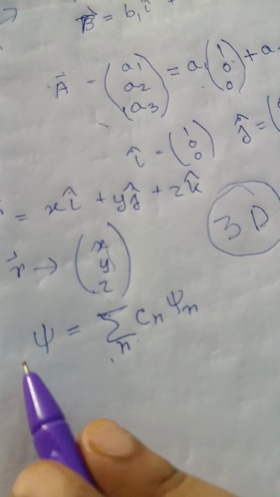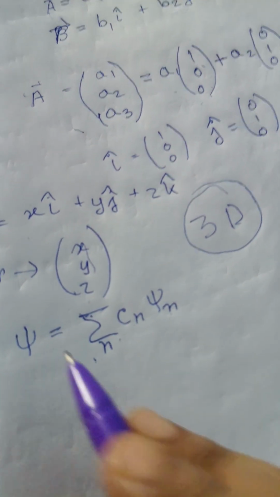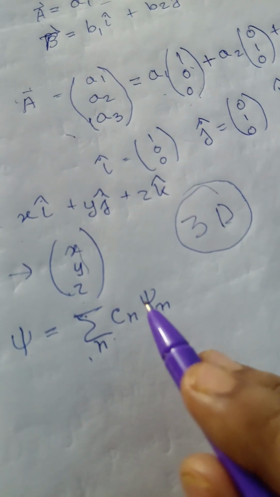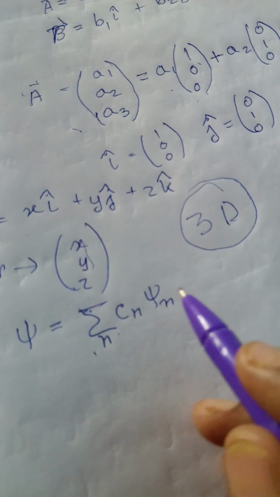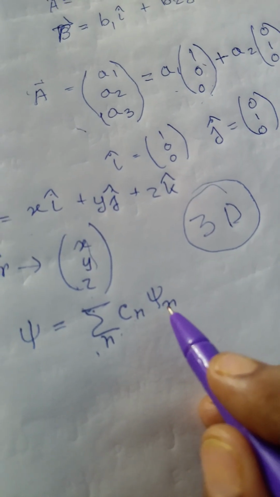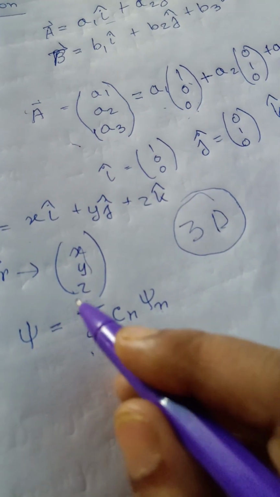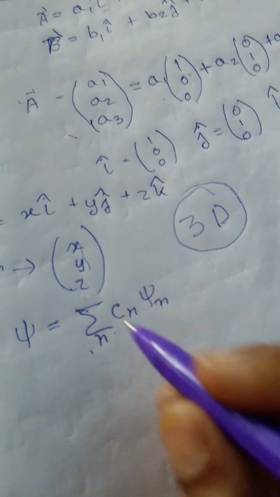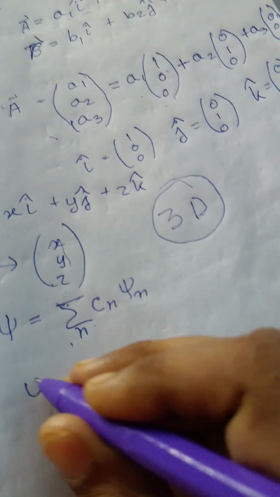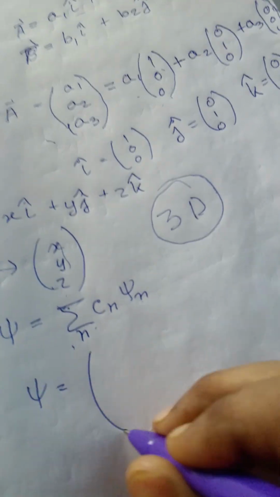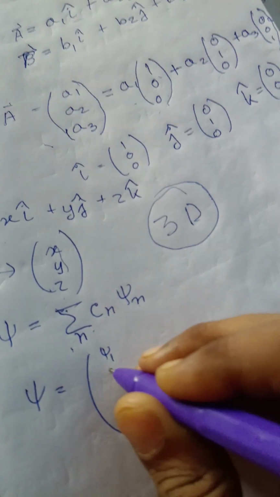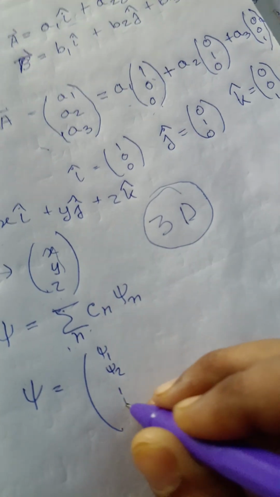But a quantum system can be expressed as n number of linearly independent components, where this n can take any value. So, in case of a quantum system, instead of having only three elements, we can have n number of elements, where this n can have any value.